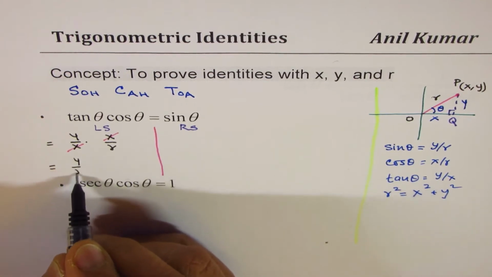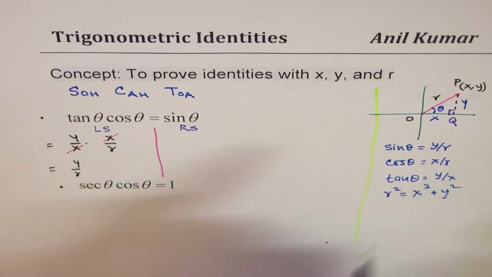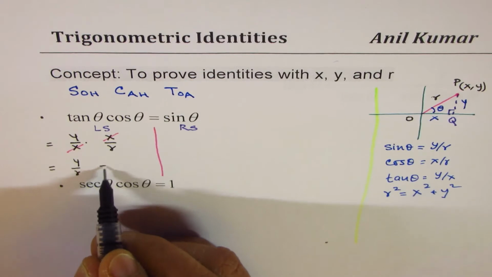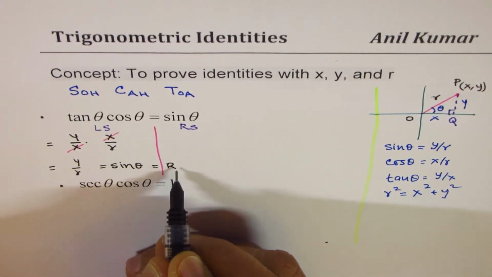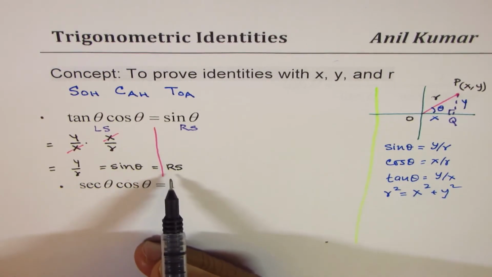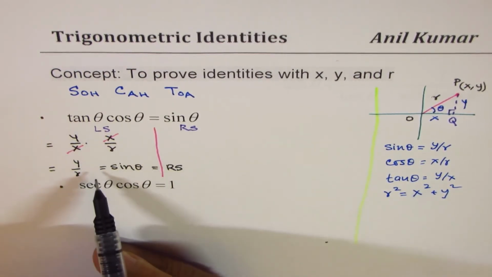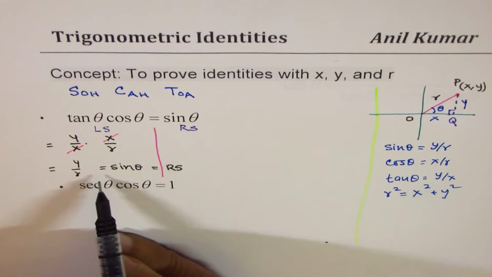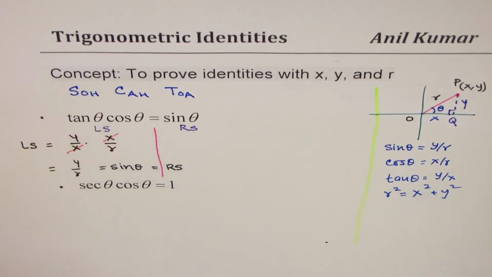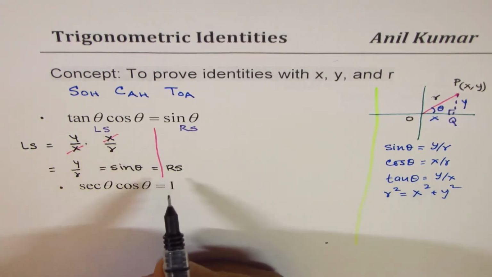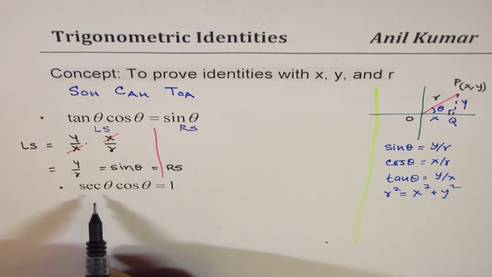You can say y over r is sine theta, which is equal to the right side. At times it is good practice to start from one side and go to the other. Since the left side is equal to the right side, we have proven the identity. So these are the basic steps. Let's do them once again for the next identity.